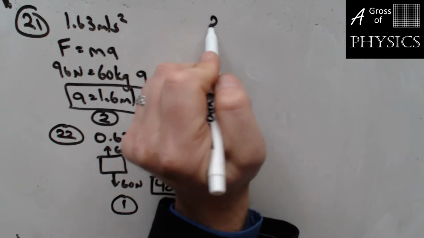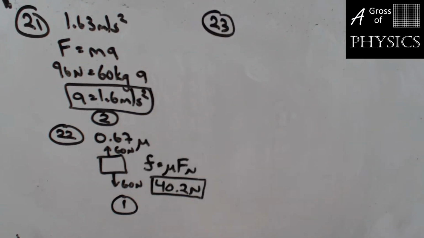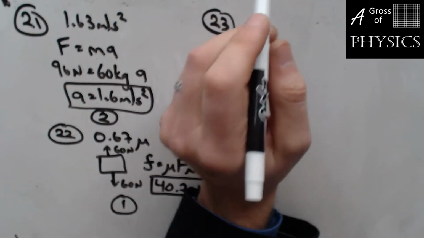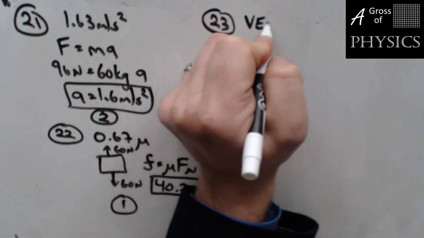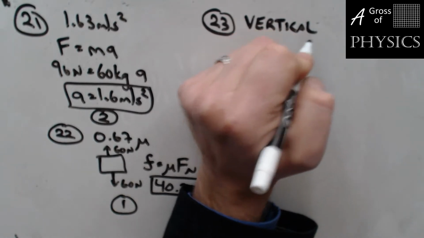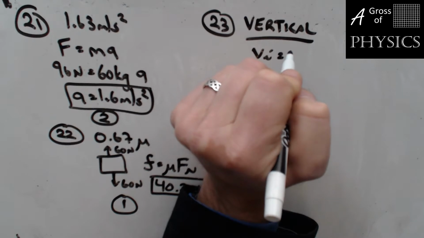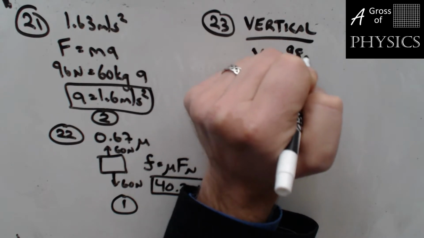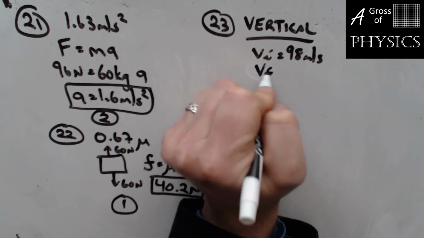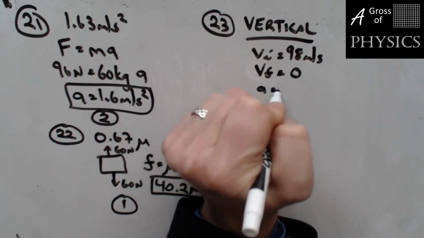All right, 23. A projectile is fired from a gun near the surface of the Earth. The initial velocity has a vertical component of 98 and a horizontal component of 49. How long will it take to reach the highest point? We're going to look at the vertical. So VI was 98, VF is 0, a is negative 9.8.